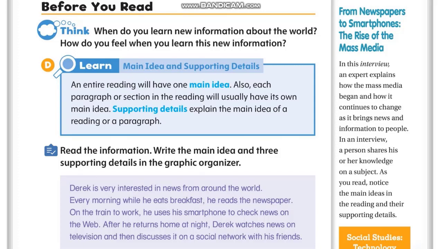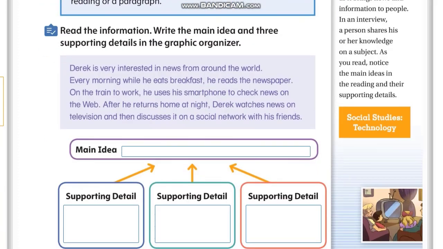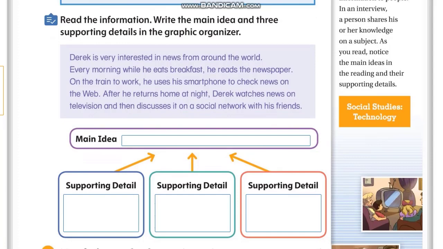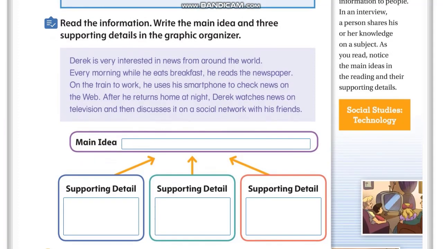As we have here, read the information, write the main idea, and 3 supporting details in each graphic organizer. Let's read this text and write the main idea and 3 supporting details.